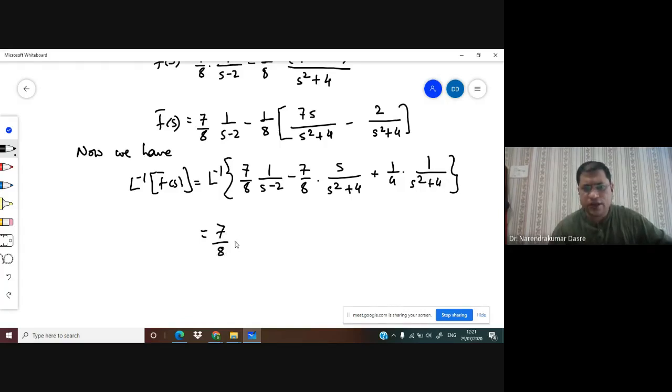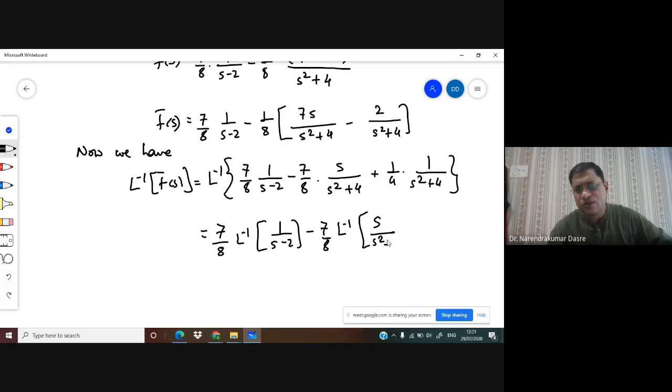So 7 by 8 inverse Laplace of 1 upon s minus 2, minus 7 by 8 inverse Laplace of s upon s square plus 4, and plus 1 by 4 inverse Laplace of 1 upon s square plus 4.